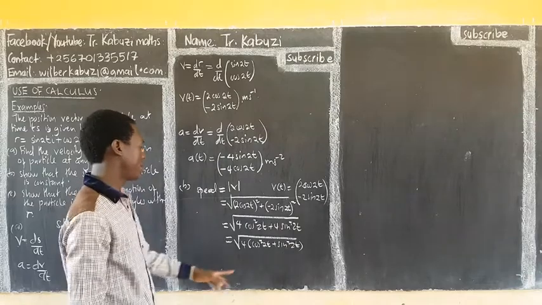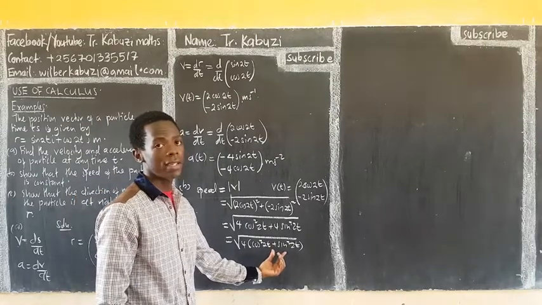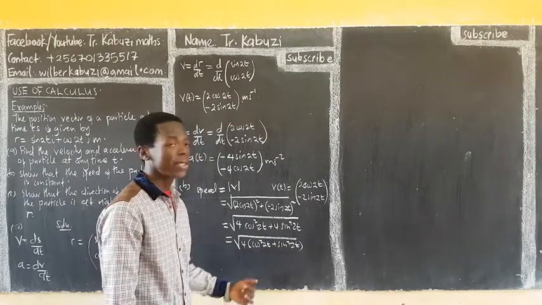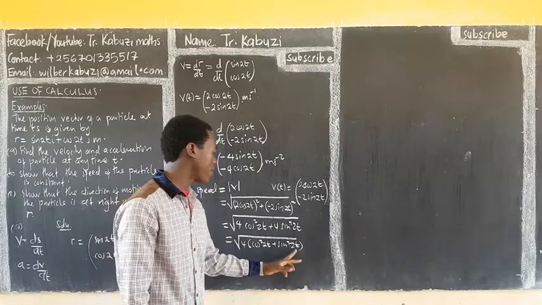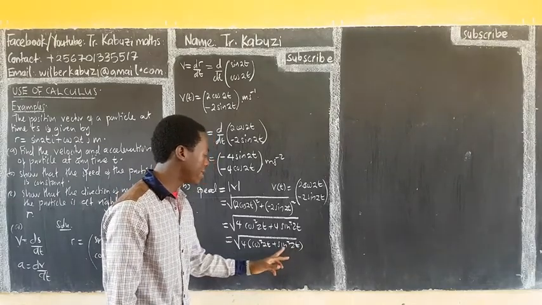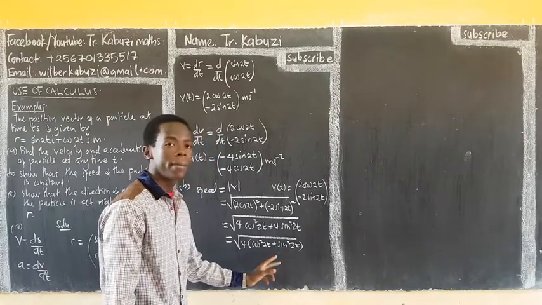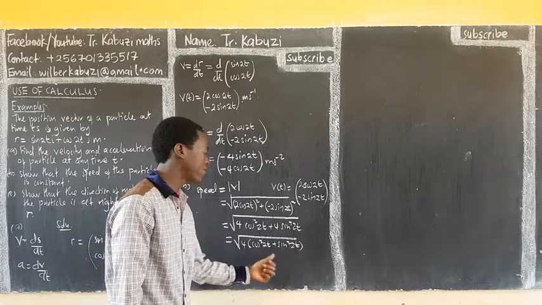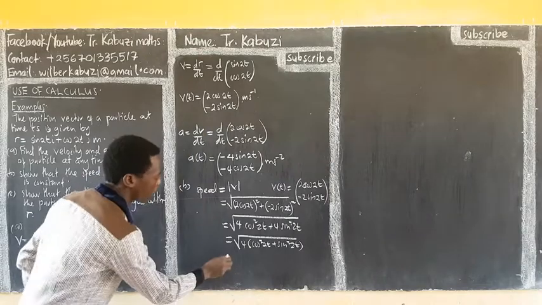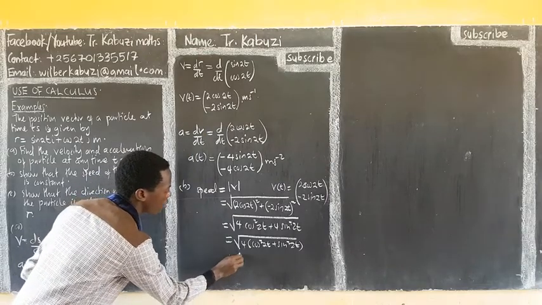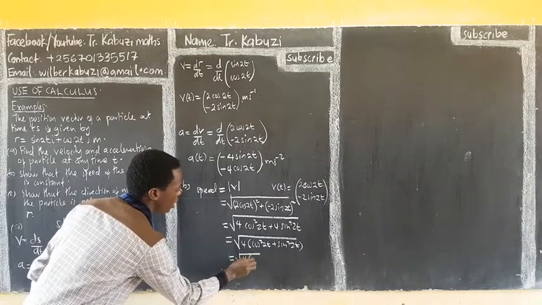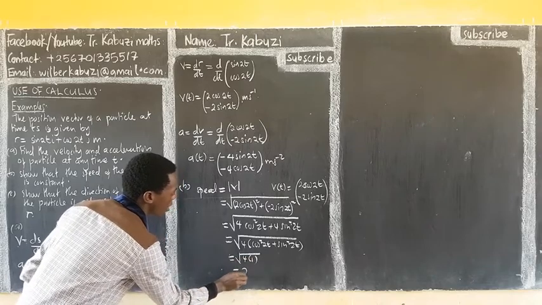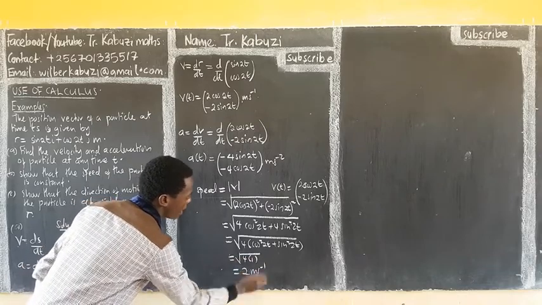But you know from the first trigonometric identity that cos squared of any angle plus sine squared of the same angle is 1. Here the angles are the same, 2t. So the sum of the squares is 1, which gives us 2 meters per second.